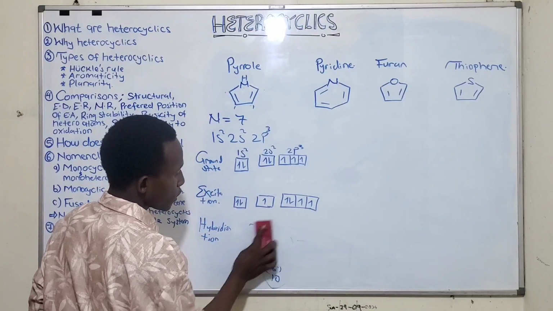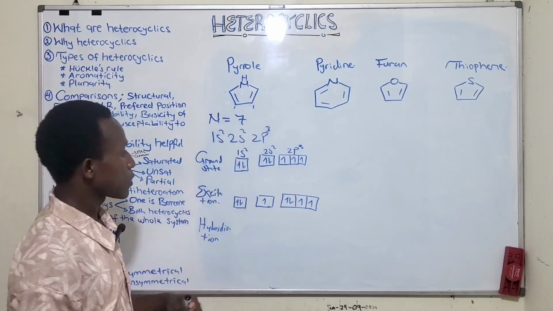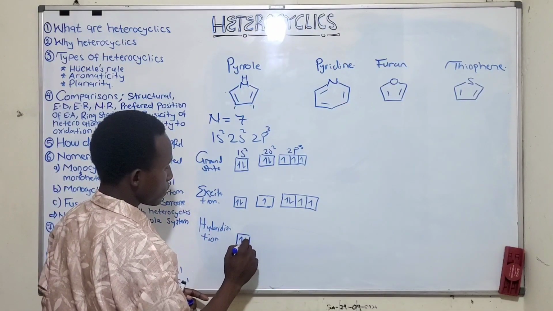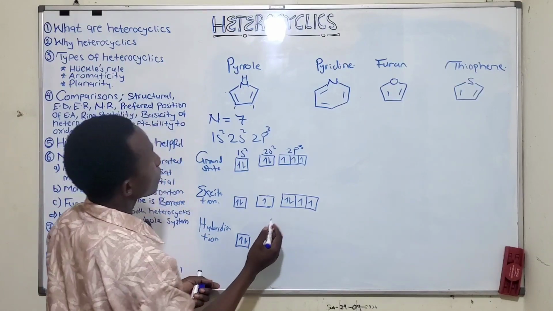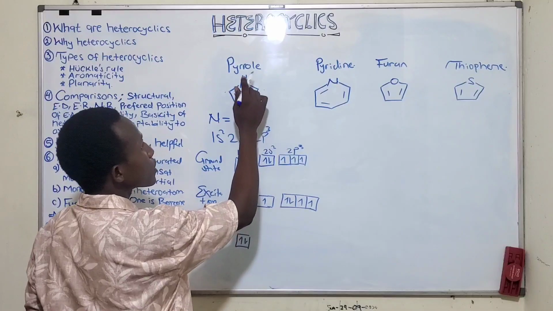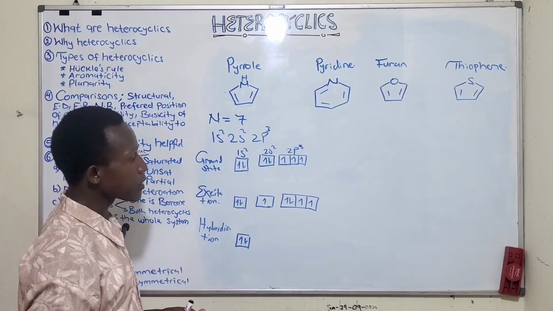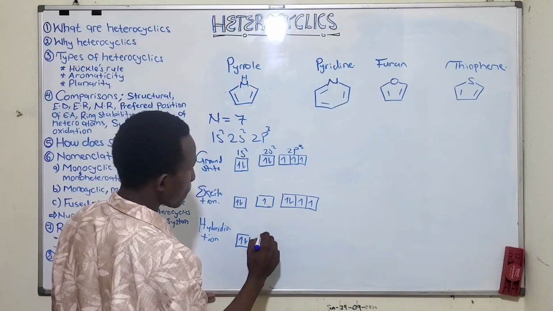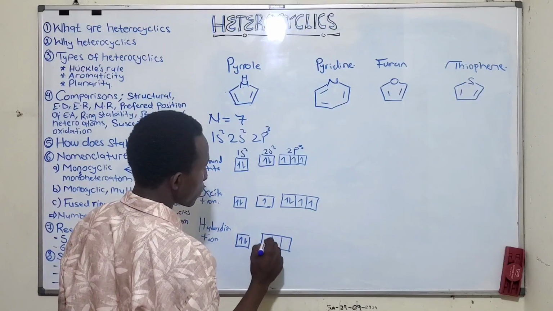Let's see. If it is to contribute 2 electrons for the resonance system, hybridization will take place, meaning that the 2 electrons it contributes will be unhybridized. So the hybridized electrons will be 3.